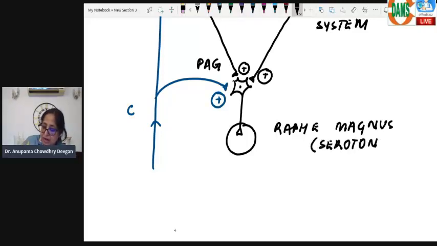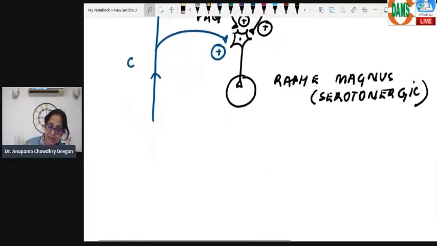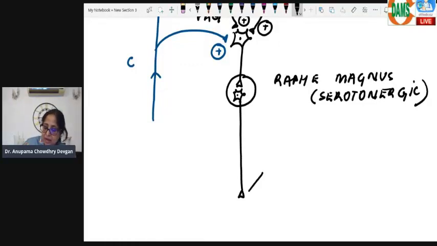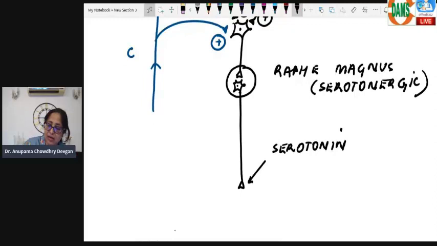Now, some of these Raphe Magnus nucleus neurons can project to the cortex, but some descend downwards. And these fibers which descend downwards will secrete serotonin here, right? They secrete serotonin. And these neurons will now excite the same encephalinergic neuron.